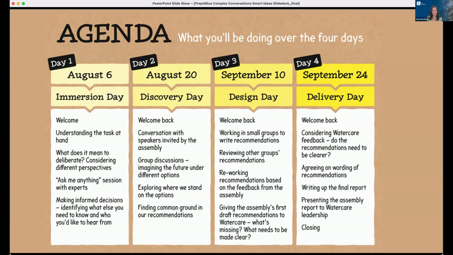And we had a second day with more speakers, a lot of group discussions, exploring the different options. And in this time for the full assembly, we had those same 4 options that I showed you before, but we had a couple of others, and including anything else.